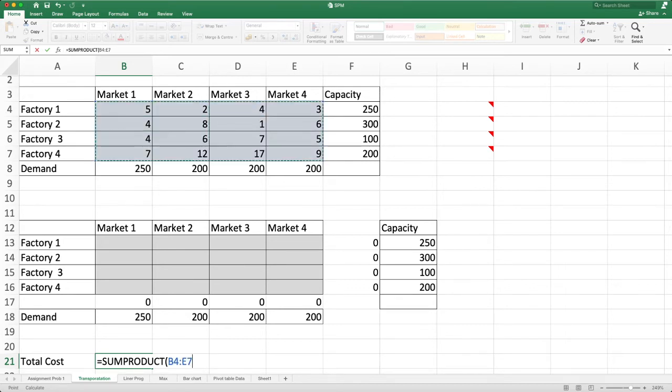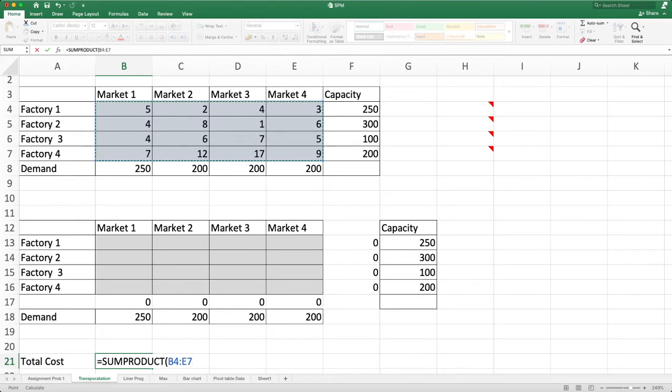For example, if you want to transport a product from factory 2 to market 4, then the unit cost is 6. If I have to supply 10 units of a product from factory 2 to market 4, it is 6 into 10, that is 60 rupees.